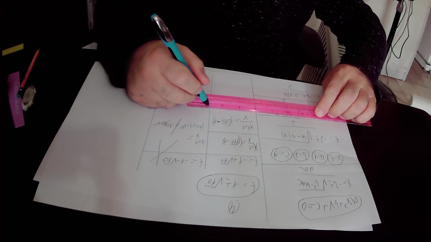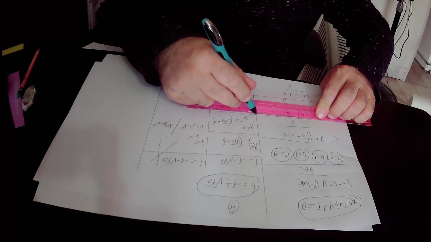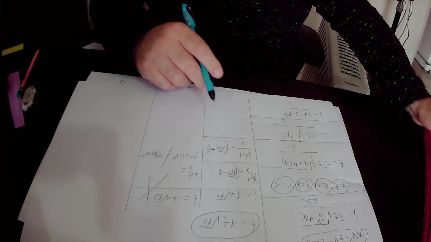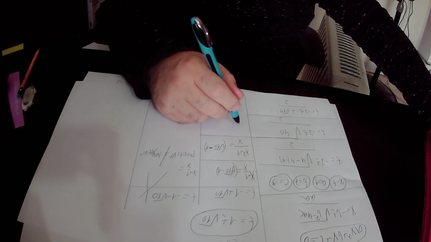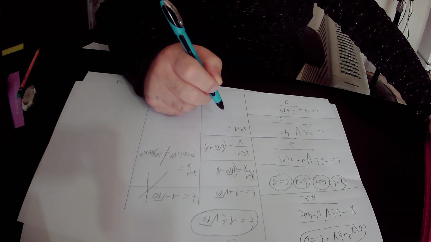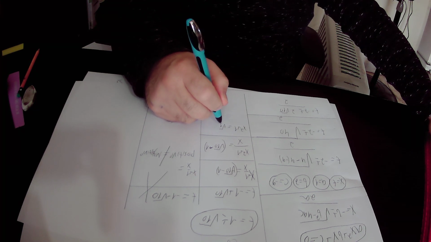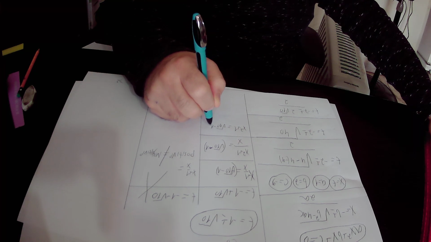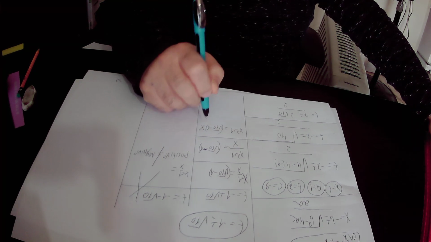Here we will multiply this equation by x, and we will get that x squared plus 1 equals square root of 10 minus 1 times x.